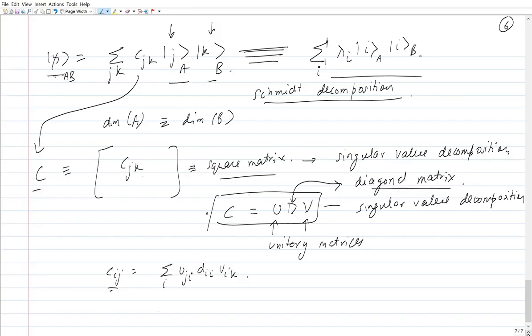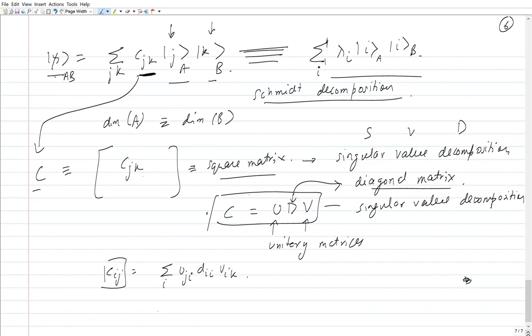For now, take it as a theorem that, given that I have the SVD, the singular value decomposition, how am I going to express the state? Well, the Cjk's over here are the coefficients of jk.